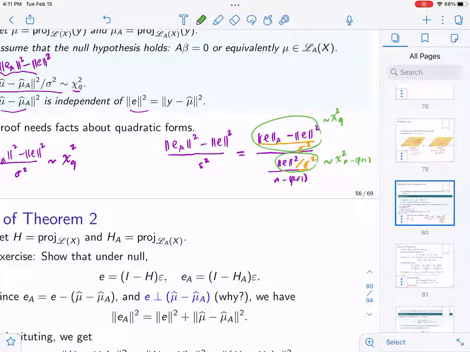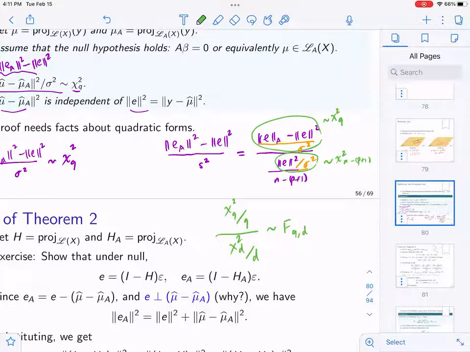It's close, but it's not yet an F distribution. What is an F distribution? If I have a chi-squared divided by its degrees of freedom, and then another chi-squared, let's say with d degrees of freedom, divided by its degrees of freedom, then this would have an F distribution, assuming something.